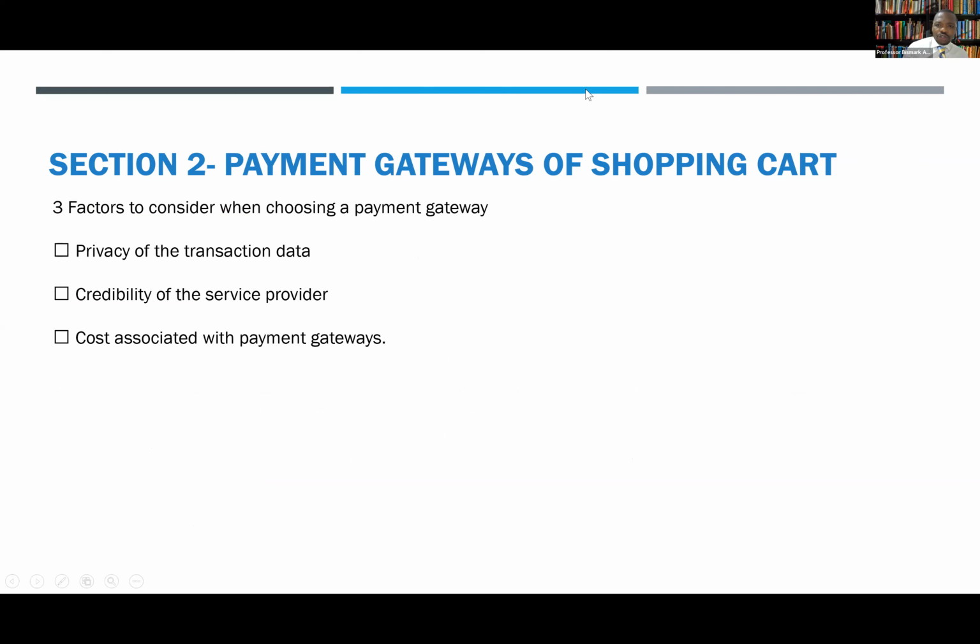So if you want to choose which type of payment gateway you will use, it's very important that you let privacy of your data, which we talked about today, be very, very important. Credibility, how long they've been around, their reputation, and then also, are they reliable? So credibility is important.